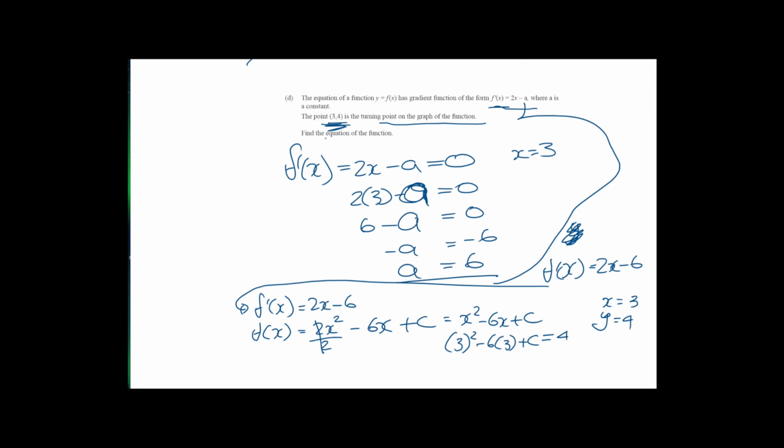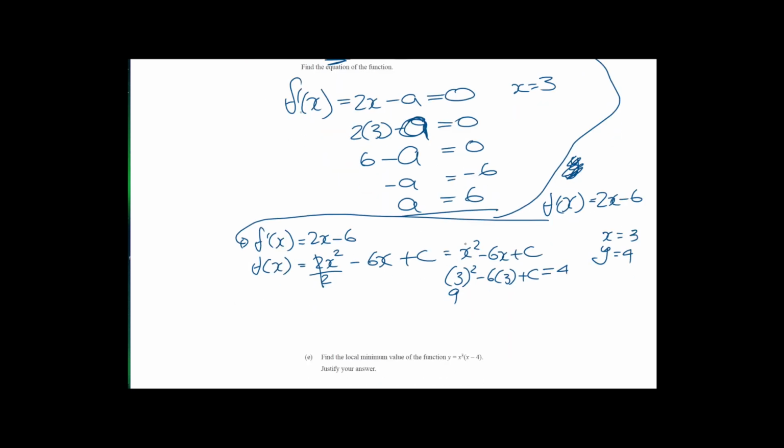So 3 squared is 9 minus 18 plus c equals 4. c must be equal to 13.